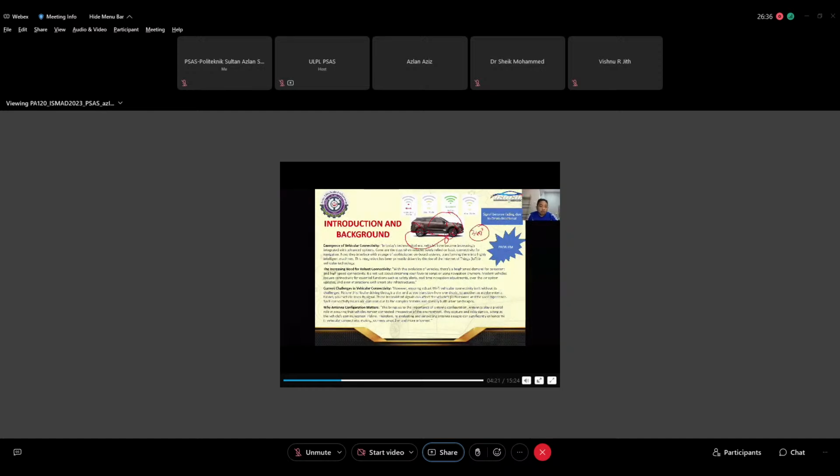And the second one, with this evolution of vehicles, there is a heightened demand for consistent and high-speed connectivity. It is not just about streaming your favorite song or using navigation anymore. Modern vehicles require connectivity for essential functions such as safety alerts, real-time navigation adjustment, over-the-air system updates, and even interaction with smart cities.